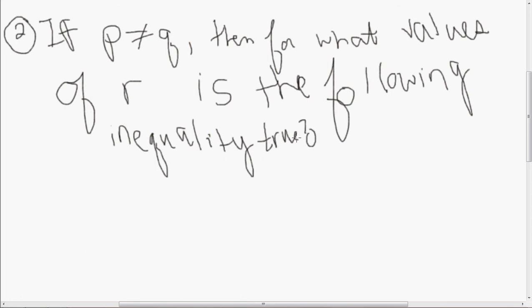So there's our problem. If P cannot equal Q, then for what values of R is the following inequality true? Now the inequality, I'm going to change the color here, we're going to make it RP minus RQ over 3P minus 3Q is less than 0.